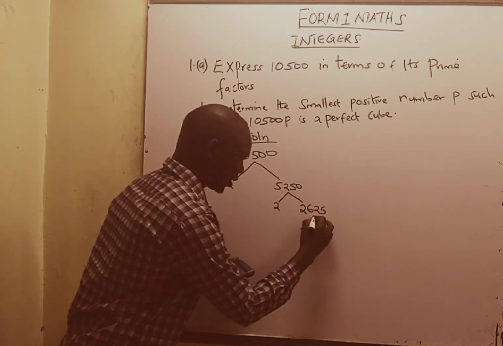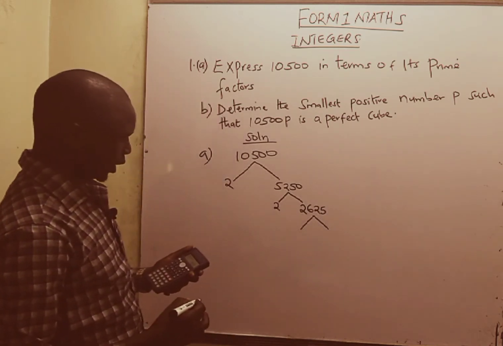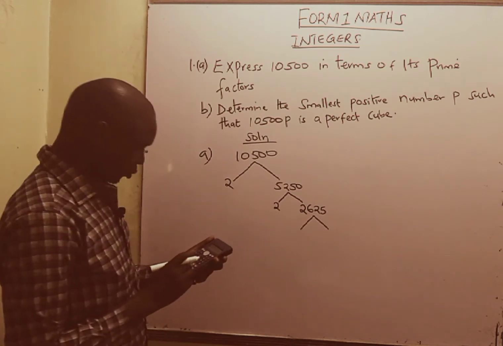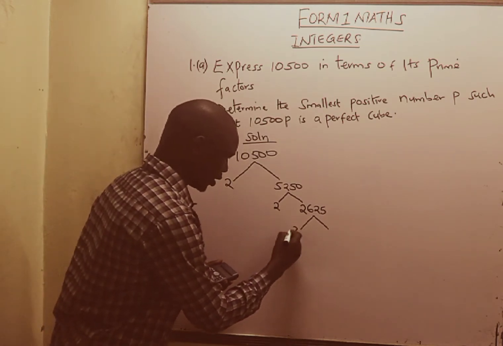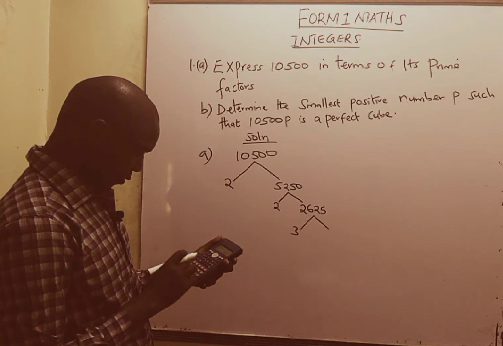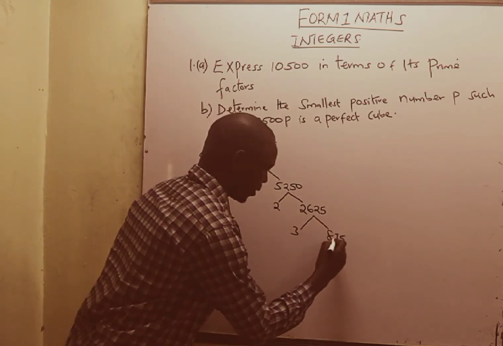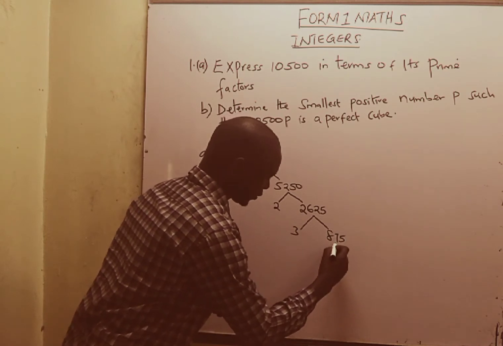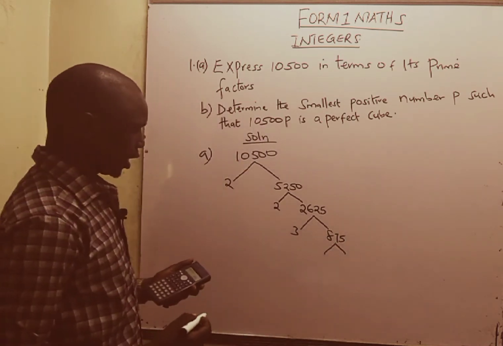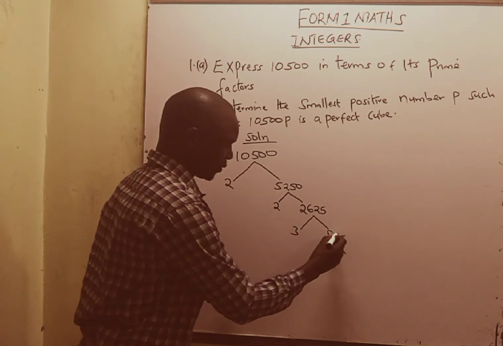2 cannot divide this one, and therefore we go to the next factor, which is 3. 3 goes into 2625 875 times. If you take 875, you divide by 3, 3 cannot divide 875.